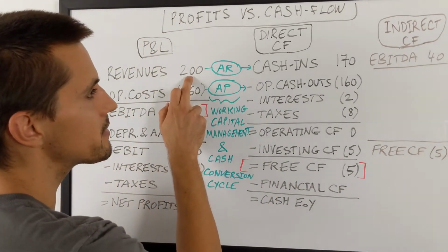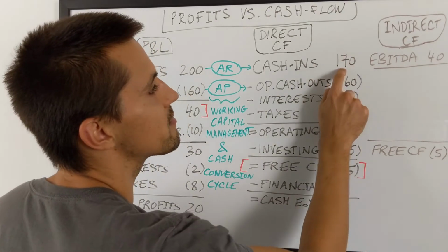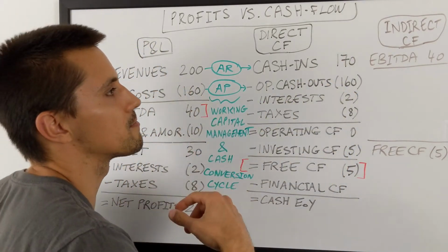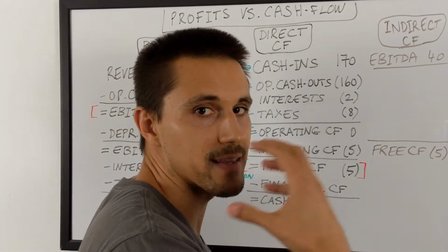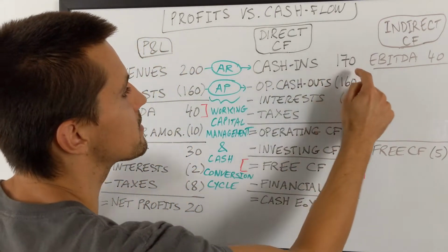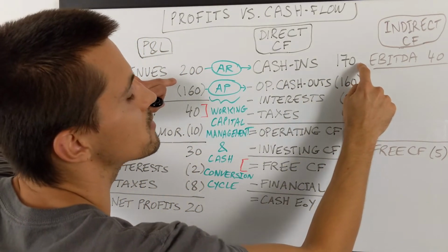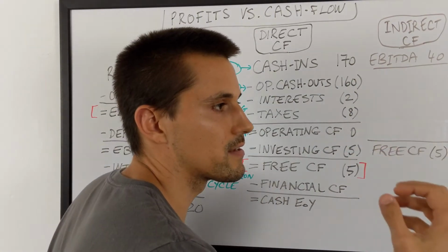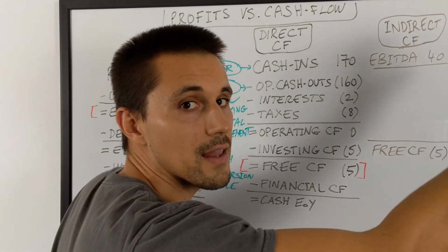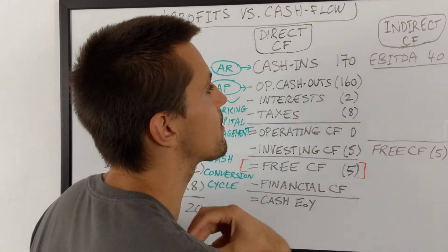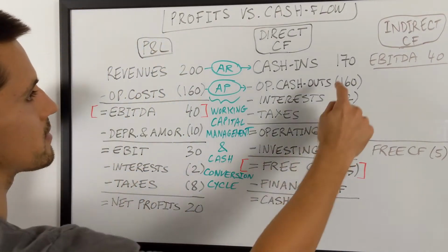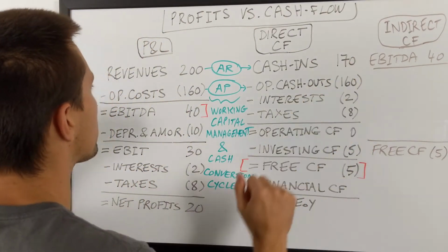So I have 200, but I have not received all the cash for it because my client did not pay me the entire amount. So here, as you can see, right now we're losing 30, which is the money which is still in my client's pocket and needs to be in my pocket at some point. So as you can see here, we have a gap of 30.